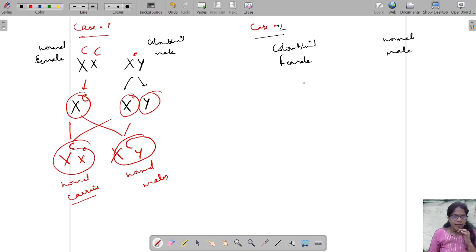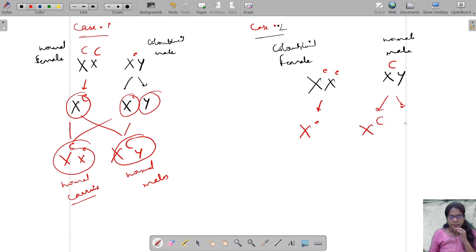Just crossing it, and you know that. So color blindness is expressed only in the recessive condition, and normal is capital. So you will get only one gamete here, and here you got two gametes. You know that males produce two different types of gametes, right? And now let's cross it.